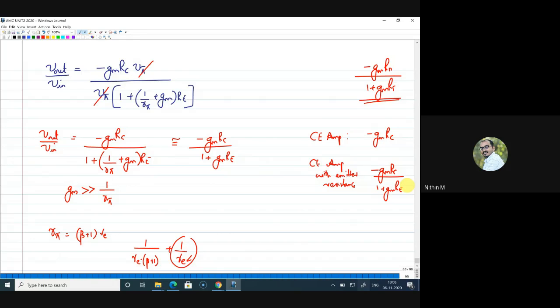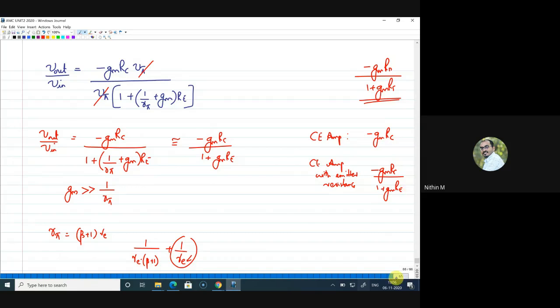So gain is reducing, but still we go for the circuit because the circuit improves linearity. I can give a little more clarity on linearity. Okay, so that's about this common emitter amplifier degeneration.